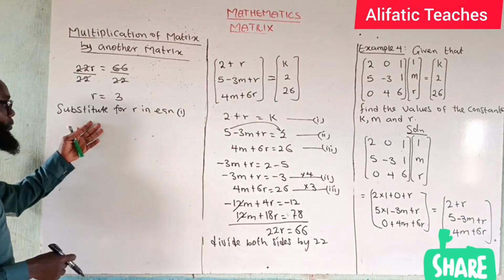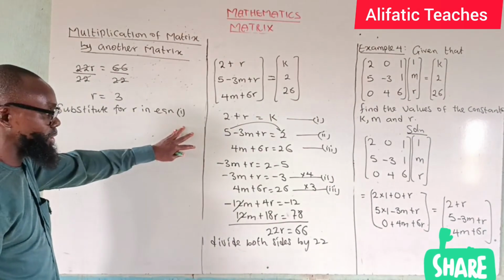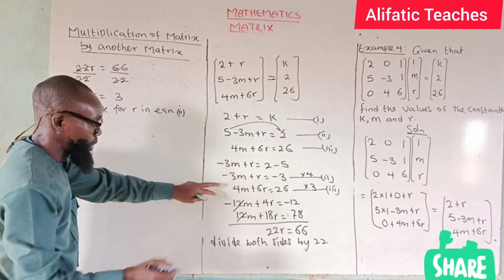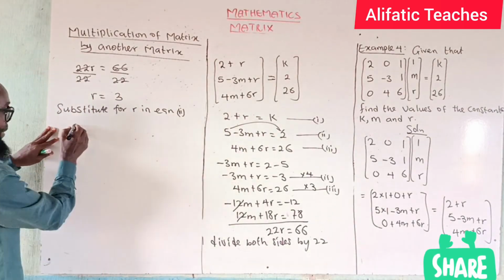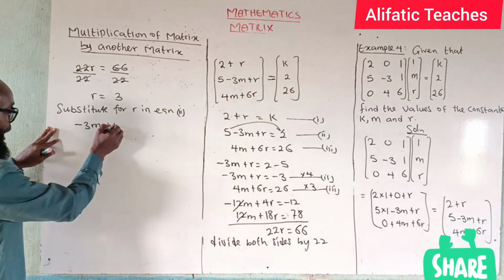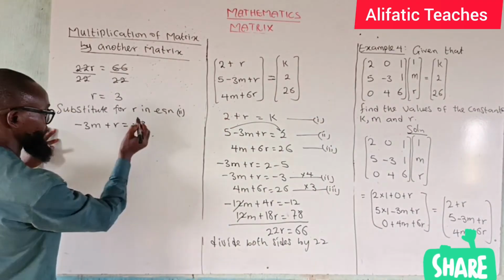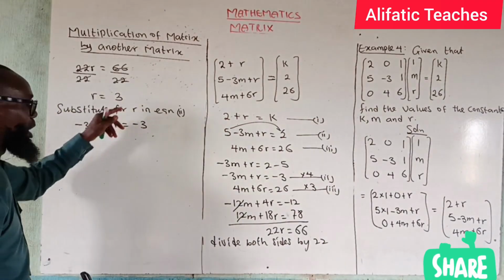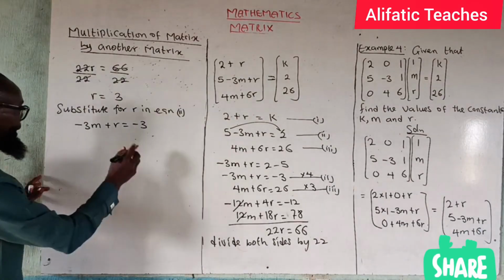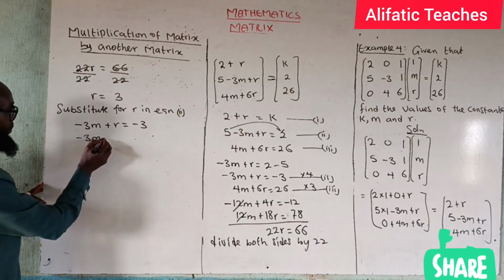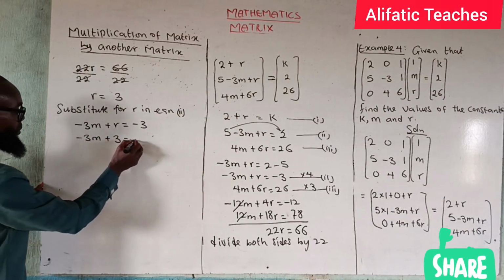Now I'm going to substitute for r in equation 2. My equation 2 here, let me write it. Minus 3m plus r is equals to minus 3. Anywhere I see r, I put 3. Then I have minus 3m plus 3 equals to minus 3.